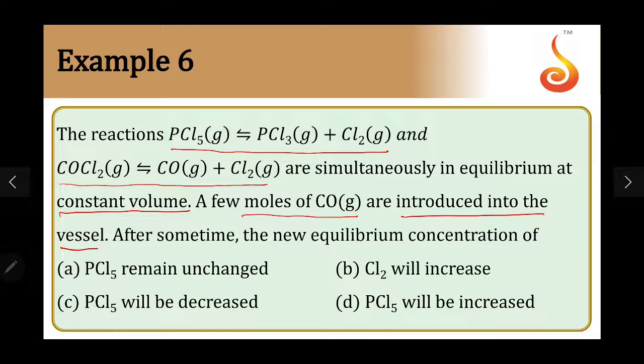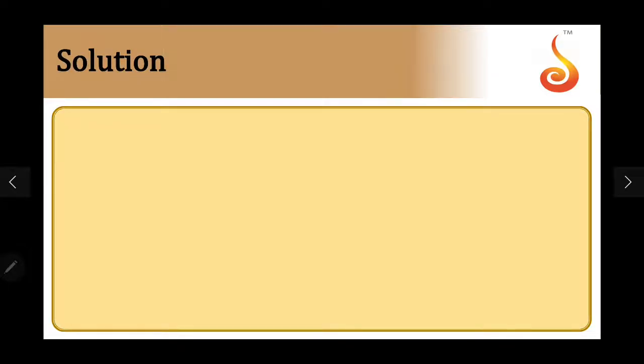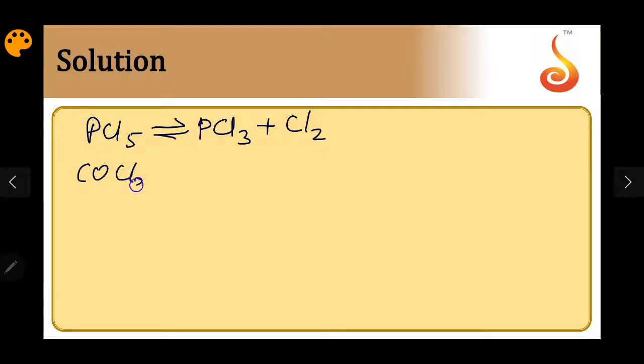PCl5 gives rise to PCl3 plus Cl2. Then the second equation is COCl2 gives rise to CO plus Cl2. So what are we adding? We are introducing some more CO.